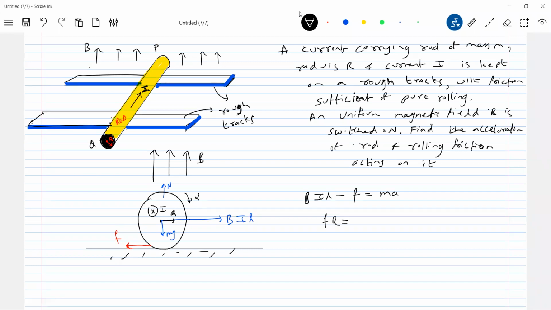Then F into R equals, for a cylinder, mR squared by 2 into alpha. Then a equals R alpha along the x-axis at the lowest point. Solving this, we'll get expressions for the acceleration and the friction. Friction you should not write as mu mg; it's a rolling friction.